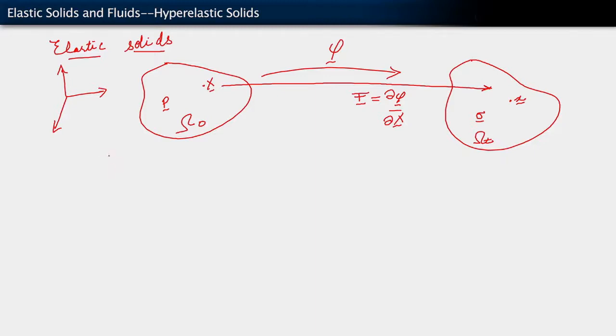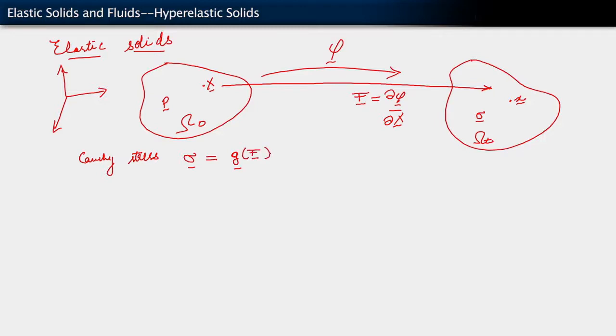So we have this very intuitive idea that the Cauchy stress sigma can be written as some function, and let's suppose that function is g. It's a tensor function because sigma is a tensor, the Cauchy stress is a tensor. It's a tensor function of a tensor argument.